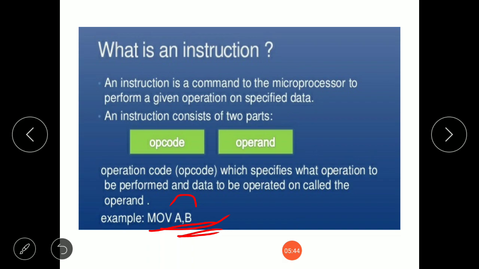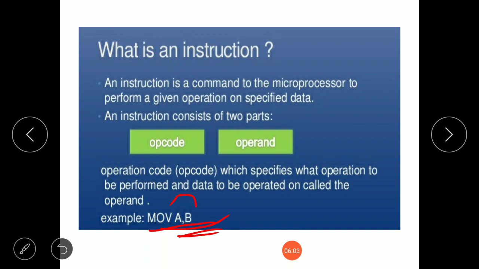Whenever I say the operand is a register, it is understood that the data is actually the content of the register. Whenever I say the operand is a memory location, it means the data is the content of the memory location.